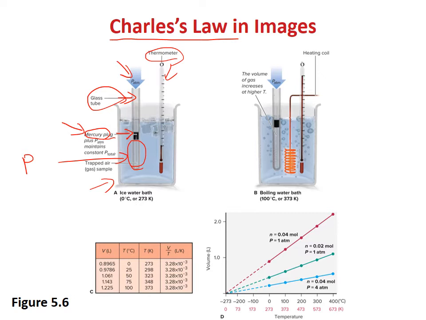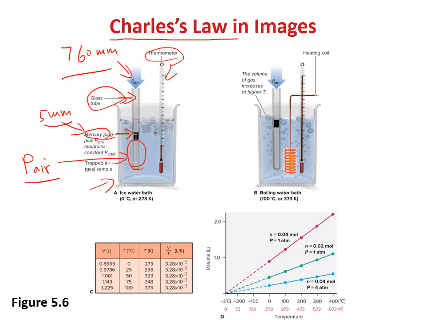So let's say the mercury plug is 5 millimeter and atmospheric pressure is 760 millimeter mercury height. Since neither of these changes during the process, the air pressure is kept constant.